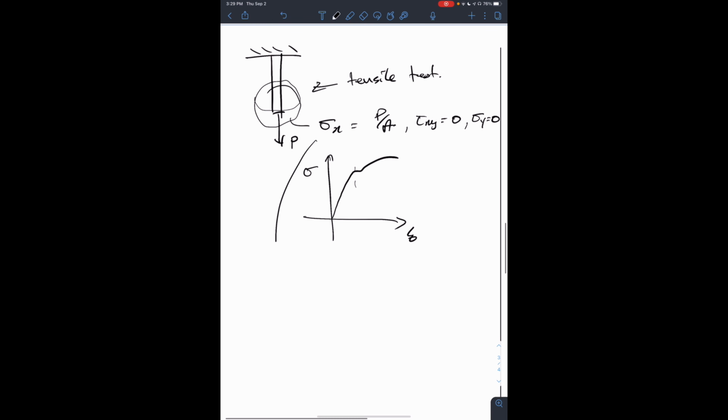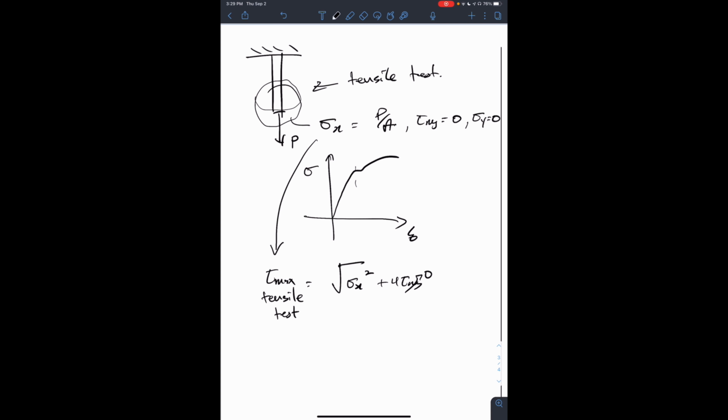So from this, our combined state of stress, in the tensile test, is the square root of sigma x, with sigma y being 0, squared, plus 4 tau xy squared, and tau xy is 0, so we could remove this.